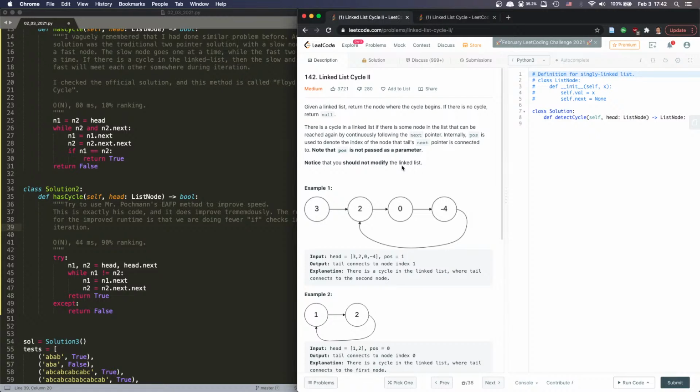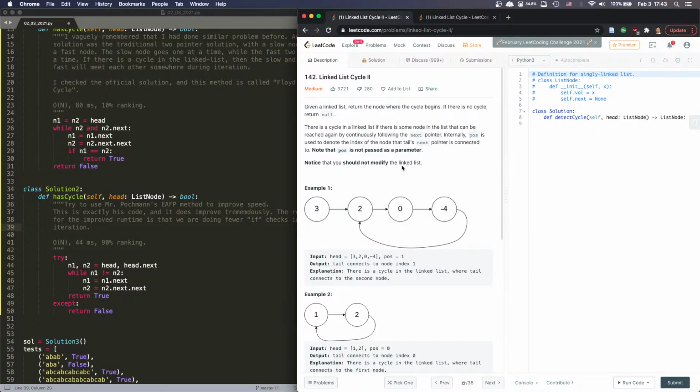But we still have no idea about the size of the loop. Do we need to know the size of the loop? All we need to know is m, right? Let's say this is n. So I take n steps, and the total steps is m plus n.